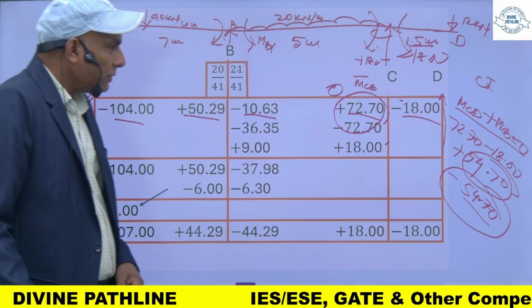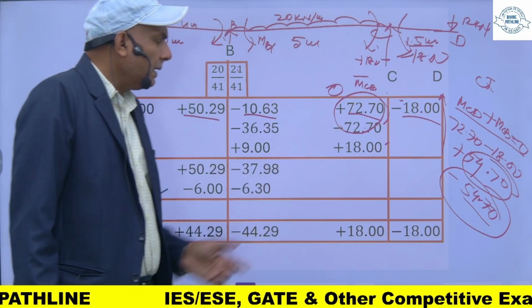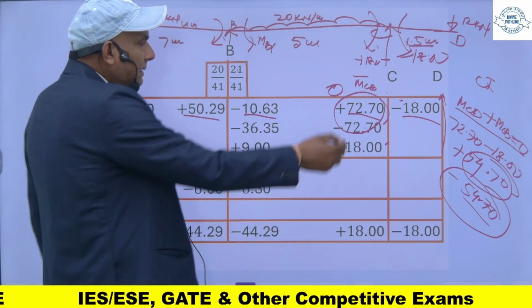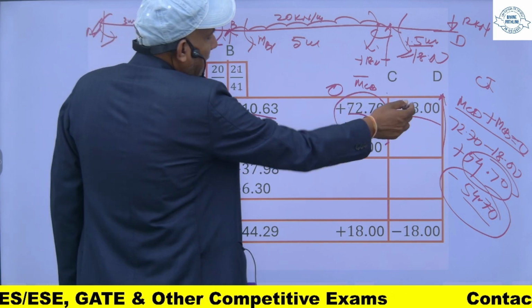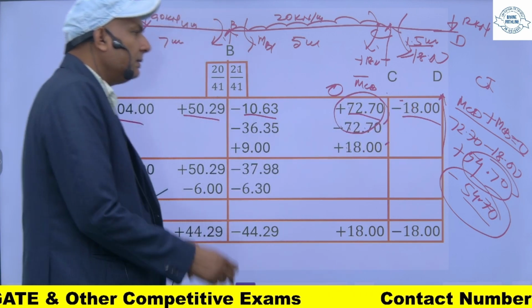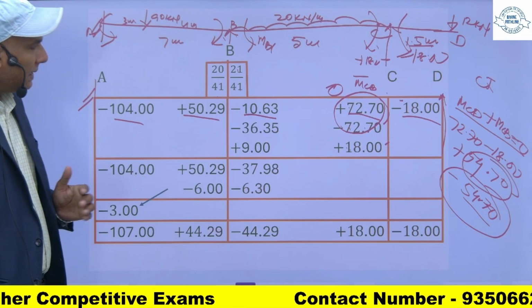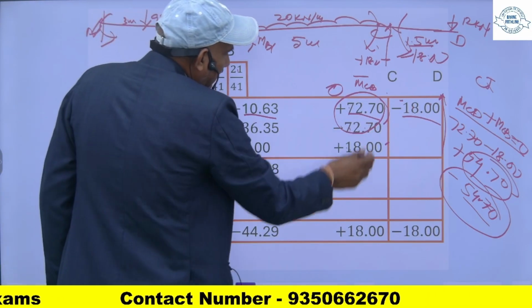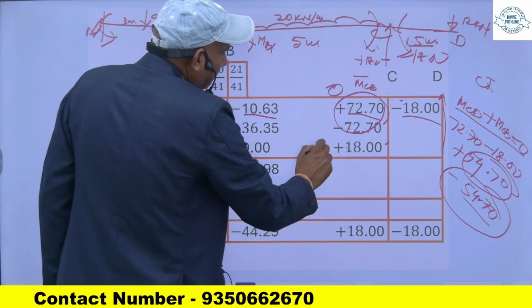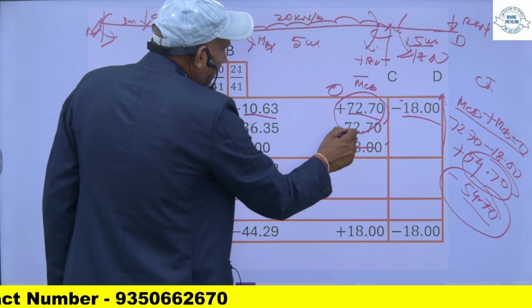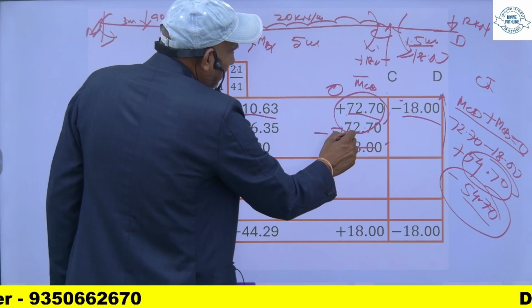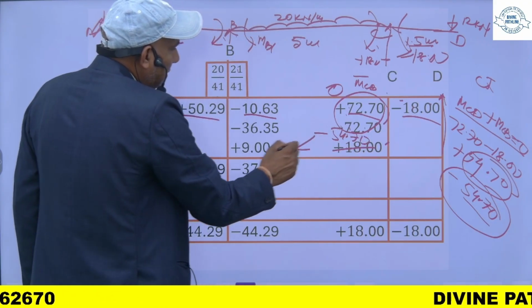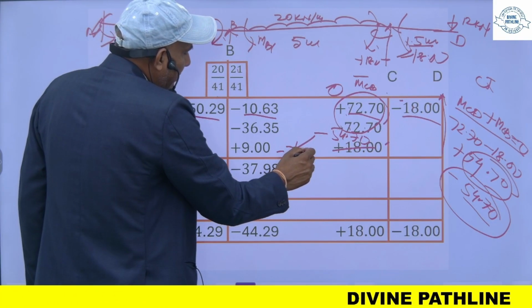So this is one procedure. Here, first I deducted this one, thereafter I applied plus 18. Either way you can do this. In my case, you apply a moment of minus 54.70, and half of it will be 27.35.